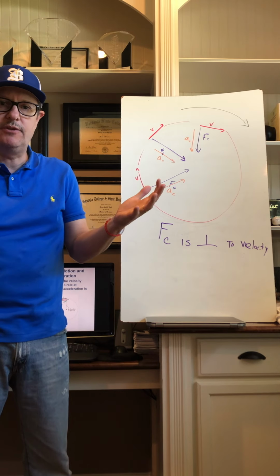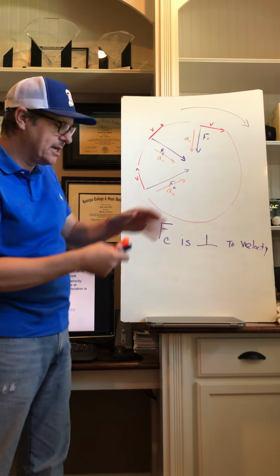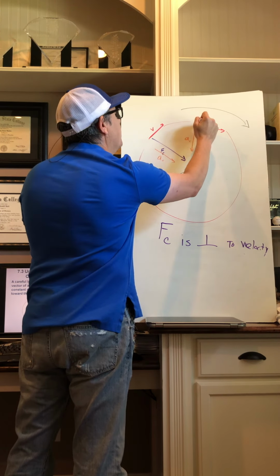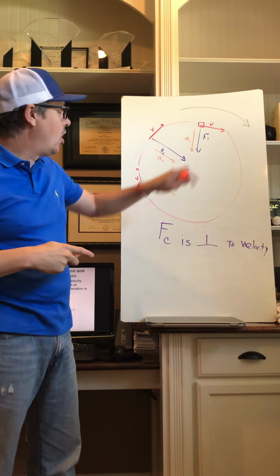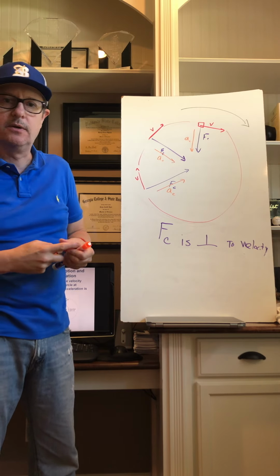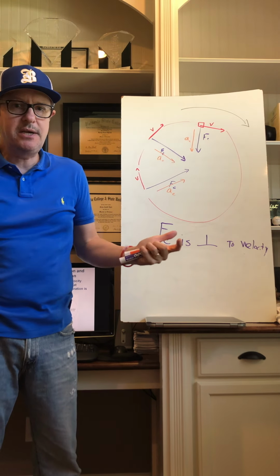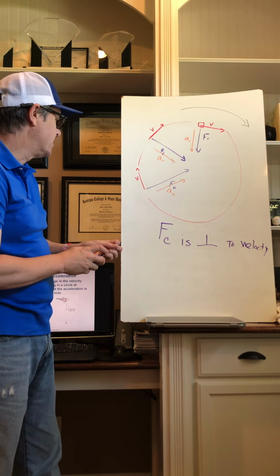That's not any different than Newton's second law. Force is equal to mass times acceleration. So this mass, that has a velocity, is pulled towards the center with an unbalanced force, causing an acceleration towards the center, which in turn changes the direction constantly. It doesn't speed it up or slow it down necessarily, but it changes its direction constantly.